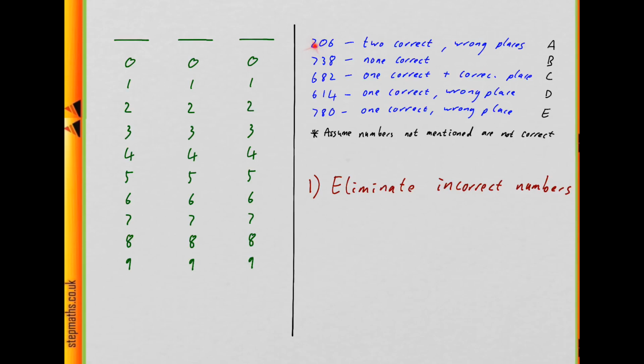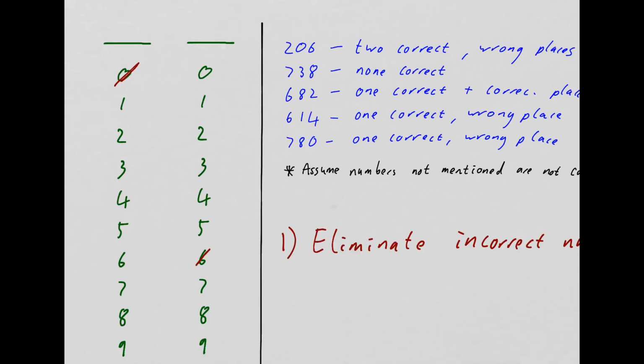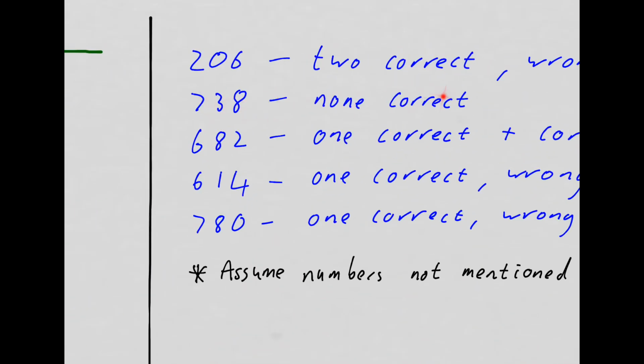So if 2 of these are correct and in the wrong places, that means none of these are in the correct place. So we can eliminate 2 for the first column, 0 for the second column, and 6 for the third column. If we look at 7, 3, 8, it says none of these digits are correct.